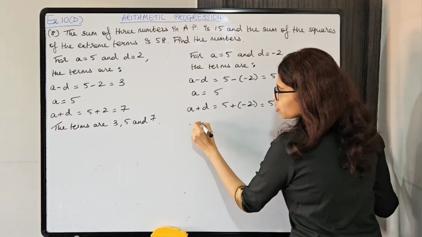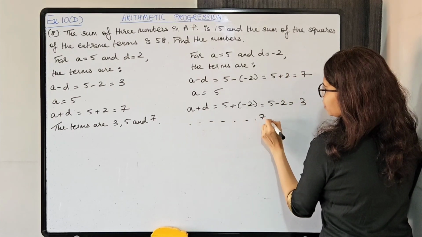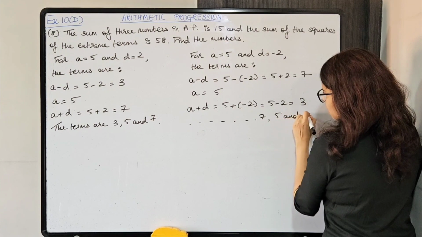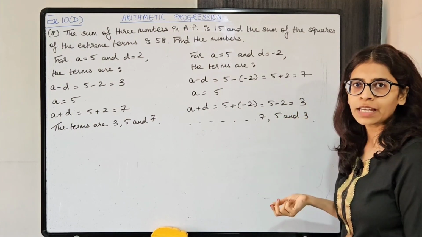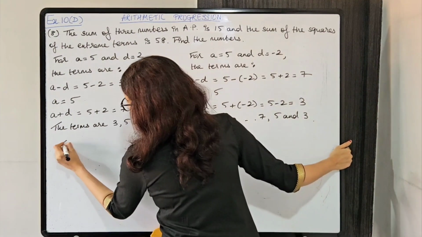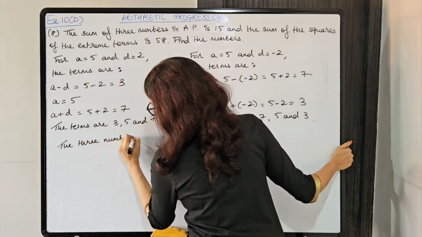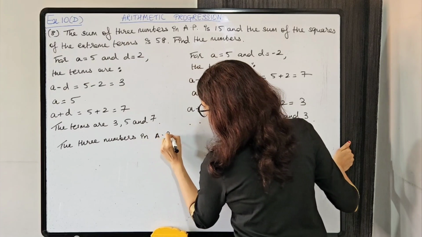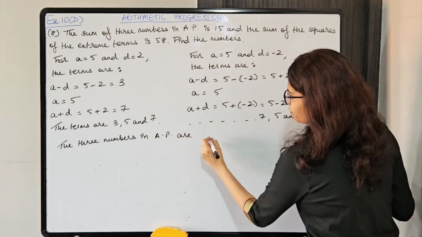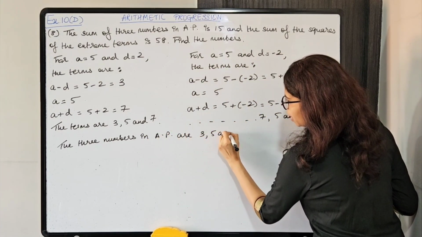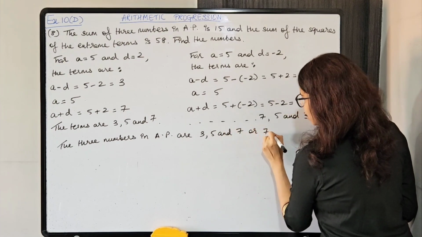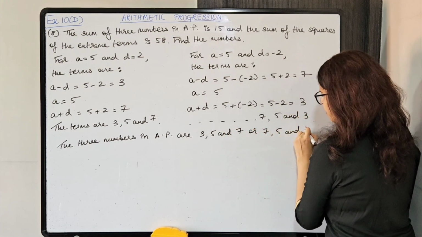Okay, so the terms are 7, 5 and 3. You will write down the final statement. The three numbers in AP are 3, 5 and 7, or 7, 5 and 3.